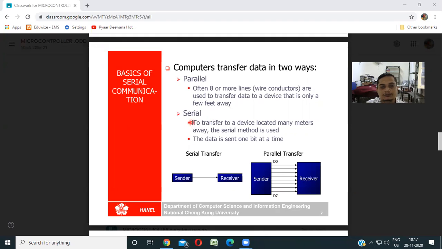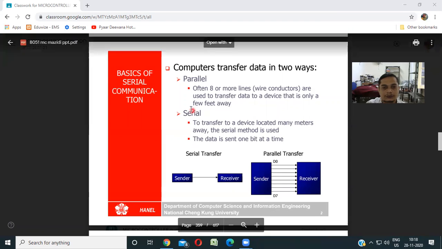And the second type of communication used to transfer the data is called serial communication. This is a widely used communication method compared to parallel. Parallel communication is suitable for sending data over a short distance, a few feet away.